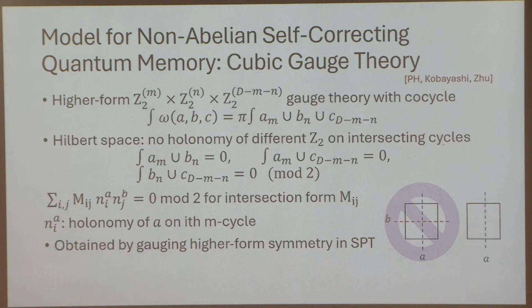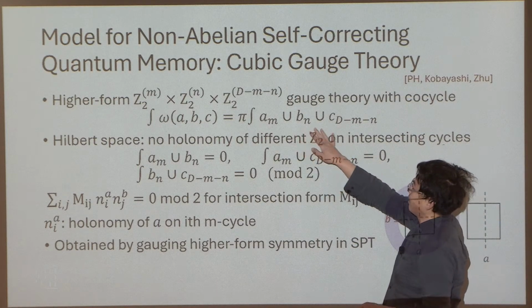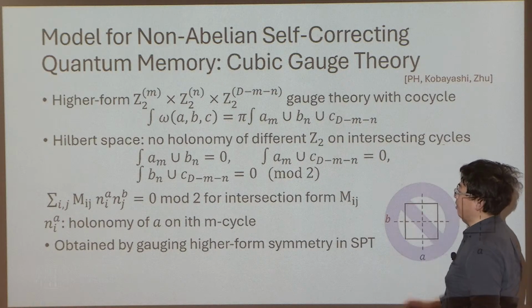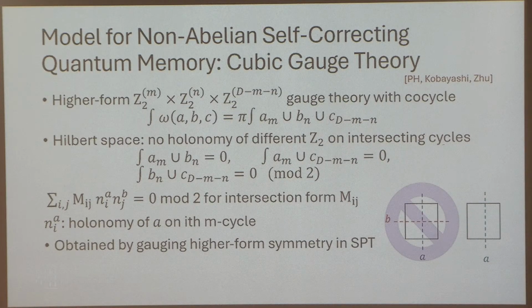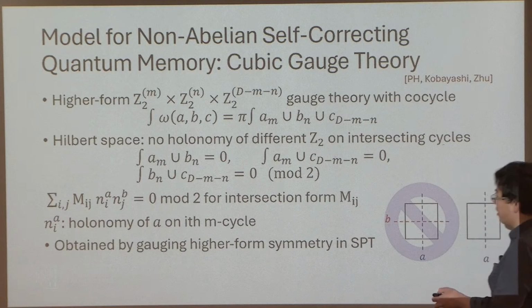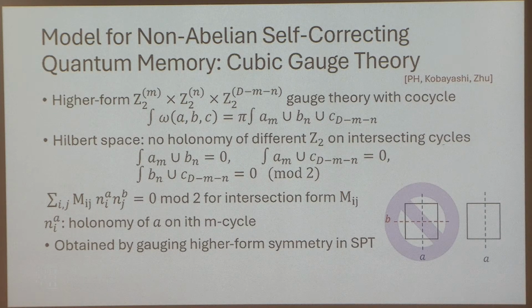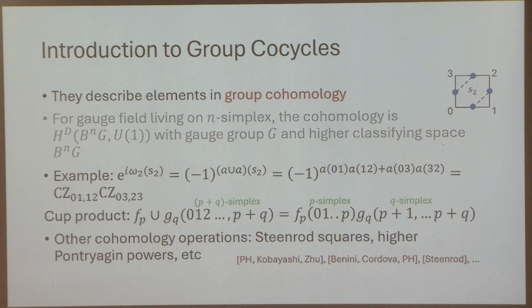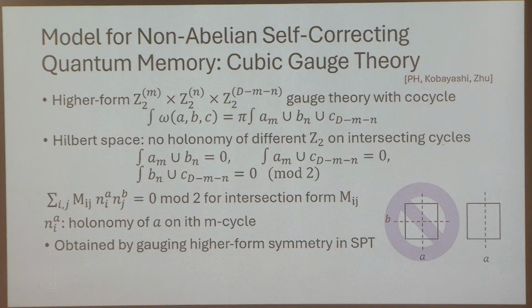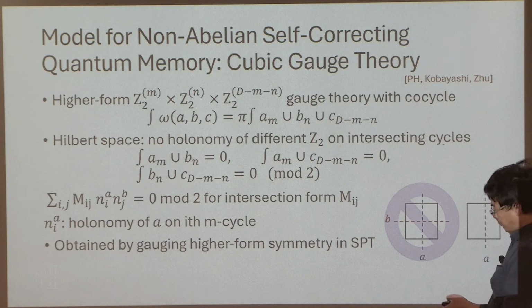And I can denote the gauge fields by A, B, and C. Recall that those A, B, C are related to the eigenvalue of the Pauli-Z operators on the plaquette. I'm not going to explain in detail, but just as with the co-cycle I told you earlier, you can write down similar co-cycles for those 3 Z2s.